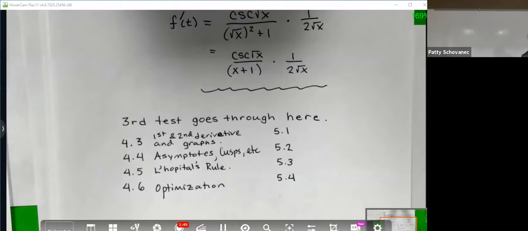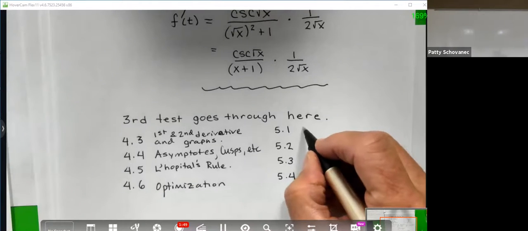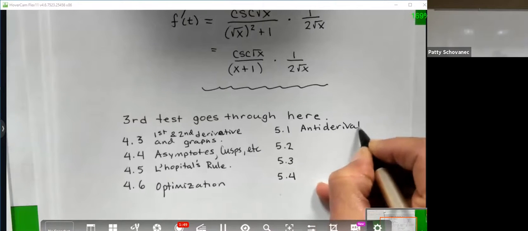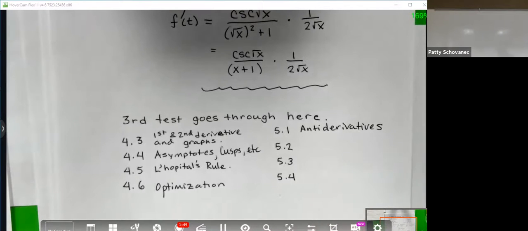Chapter 5 was all kind of running together for me, but the first one was just general antiderivatives. So you have a list of formulas that hopefully you all know by now. Sections 5.2 and 5.3 involved computing approximate areas with a left sum and a right sum, and then in 5.3 with a Riemann sum.